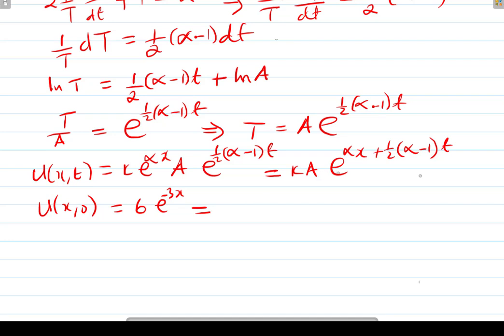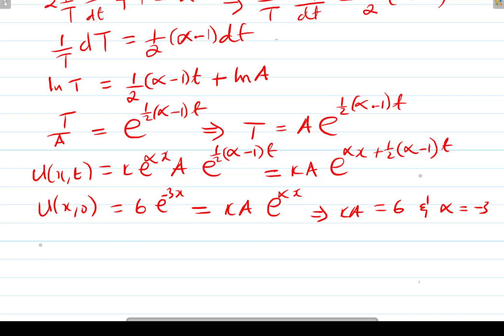If we substitute in here, where there is t we put 0, then this becomes ka e to the alpha x. Now what does this mean? It means that ka is just 6, and this alpha is just negative 3. If you compare the two, that's what it means.